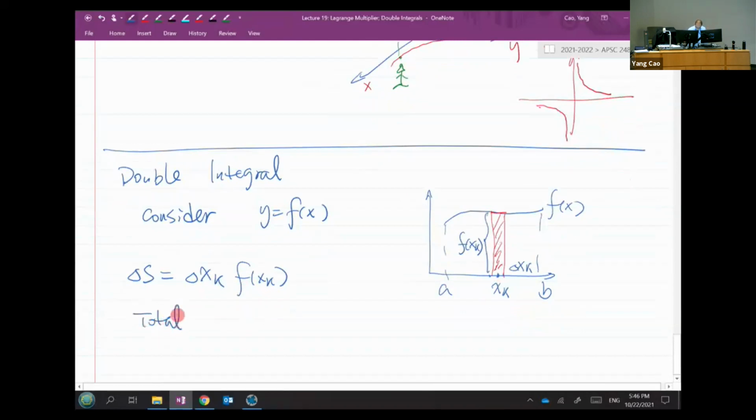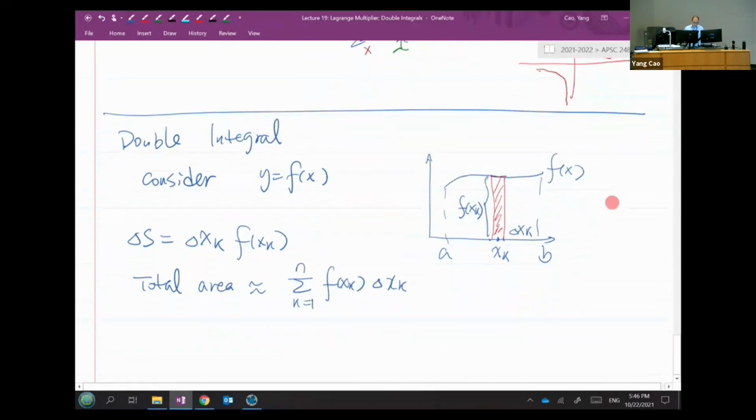So that is the area of one little strip. Then the total area can be approximated using summation. If you sum up the areas of all the strips, assuming you have n of them, you get an approximated area underneath the function f of x.